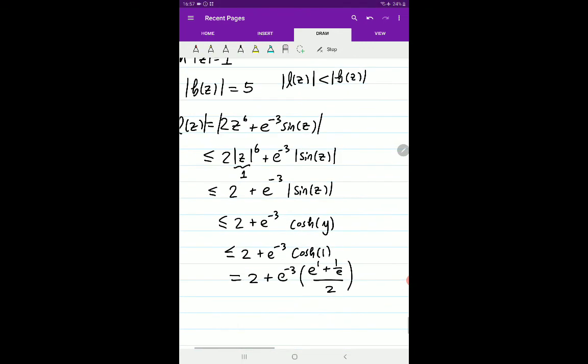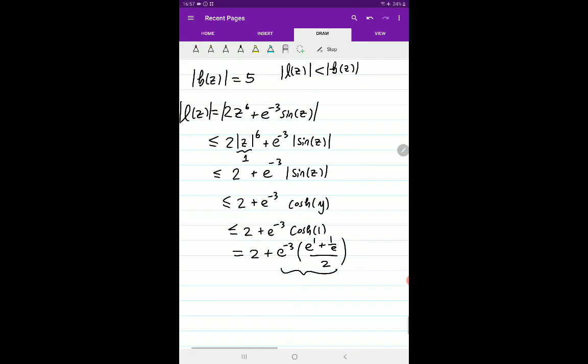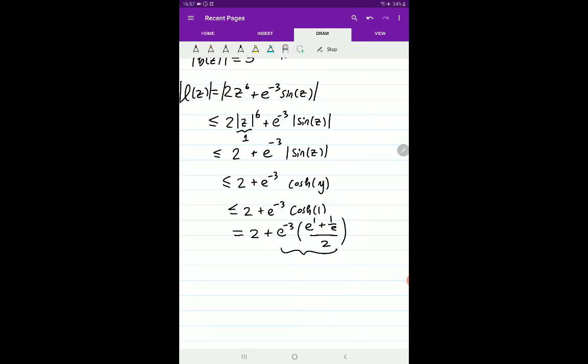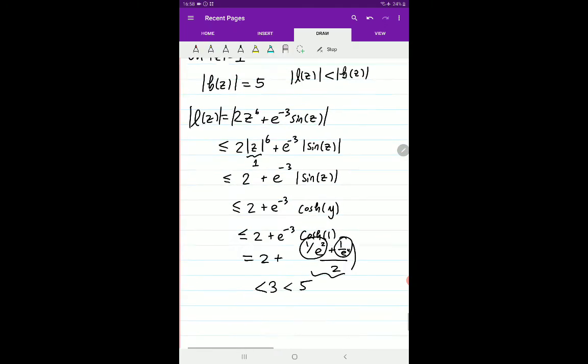What we've really got to make sure of is that this is less than 3. But that's sort of obvious, right? If I expand this out, this is 1 over e squared, and then 1 over e to the 4. This is less than 1, this is less than 1. This entire thing is just going to be less than 1, therefore this is certainly less than 3, and that's strictly less than 5, so we're good.